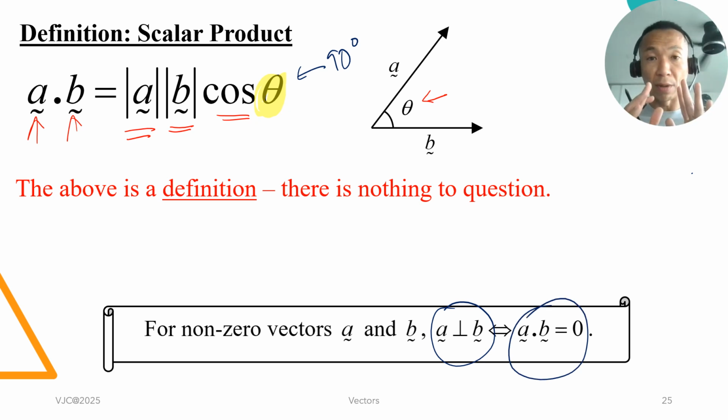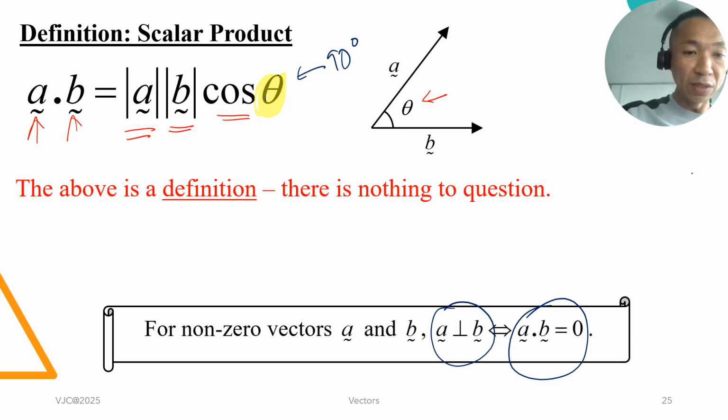This is the part that I talk about being useful. If theta happens to be 90 degrees, means they're perpendicular, means A dot B is 0. So this relationship, we will make use of it time and time again.